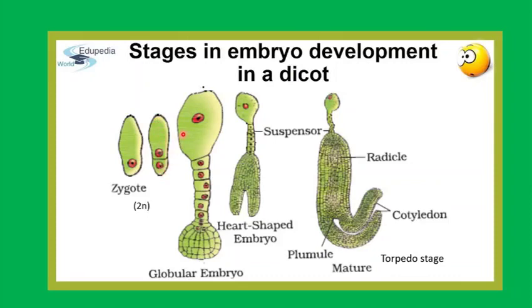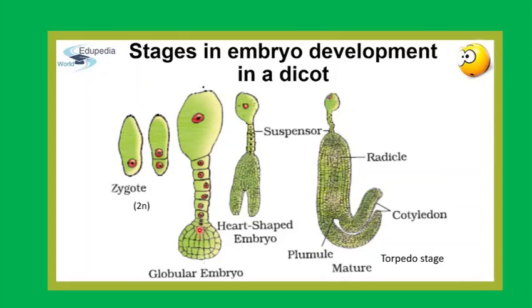The basal cell undergoes transverse division first, then vertical division, forming a series of 6 to 10 cells called the suspensor. The first cell of the suspensor towards the micropylar end is known as the haustorium, whereas the last cell towards the chalazal end is called the hypophysis. This hypophysis later develops into the radicle, which develops into the root system.